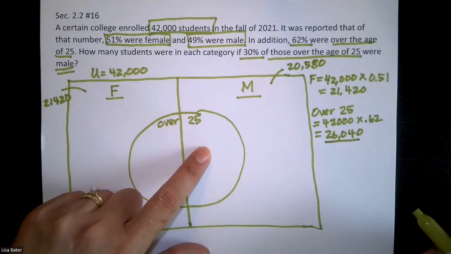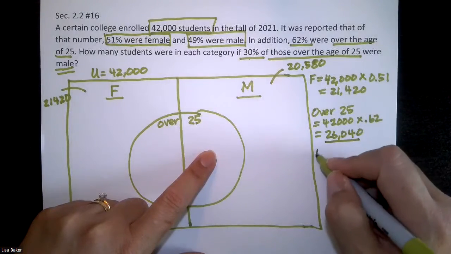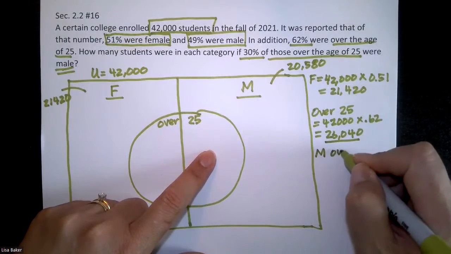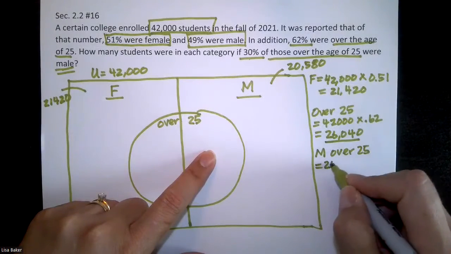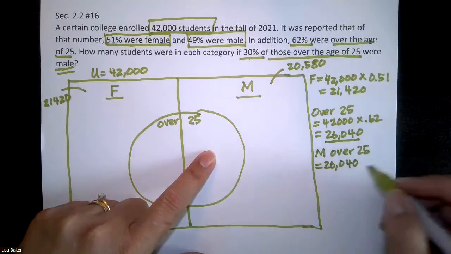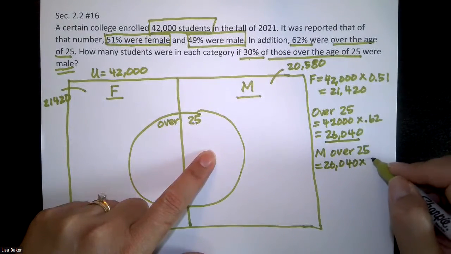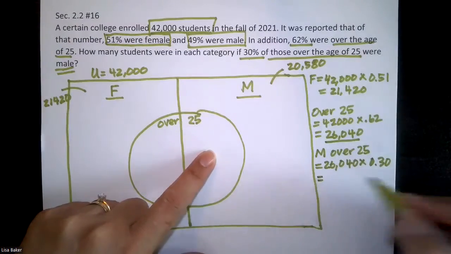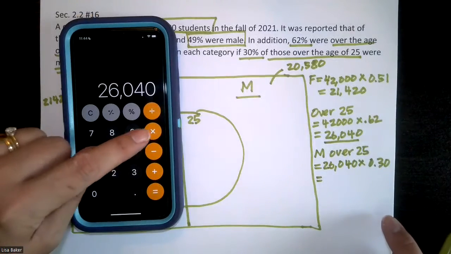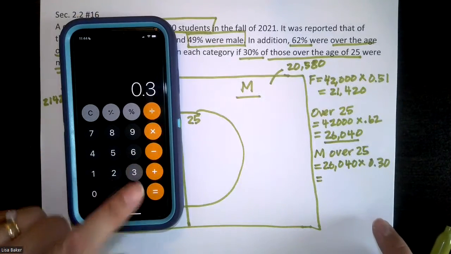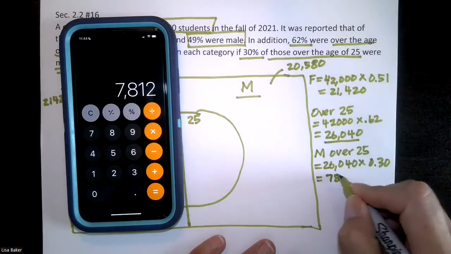We put that answer on this side because this is the male side. So male over 25 is the total number of students over 25, 26,040, times 0.30, which is 7,812.